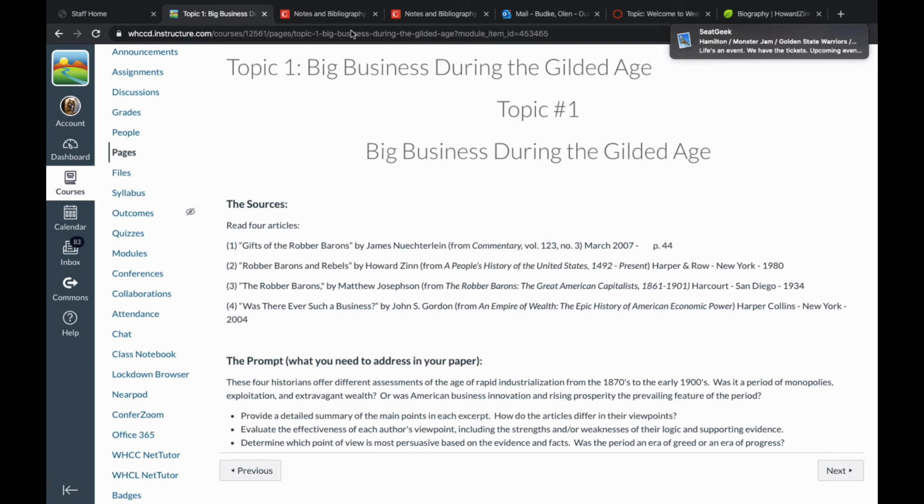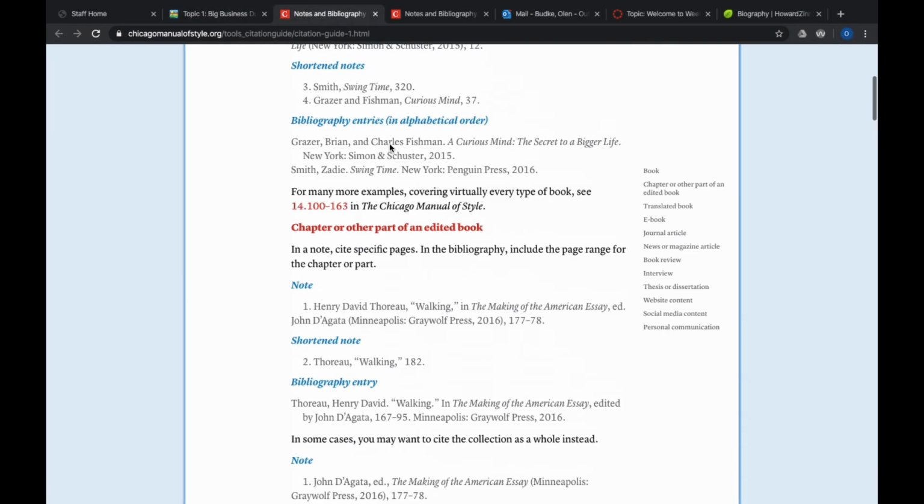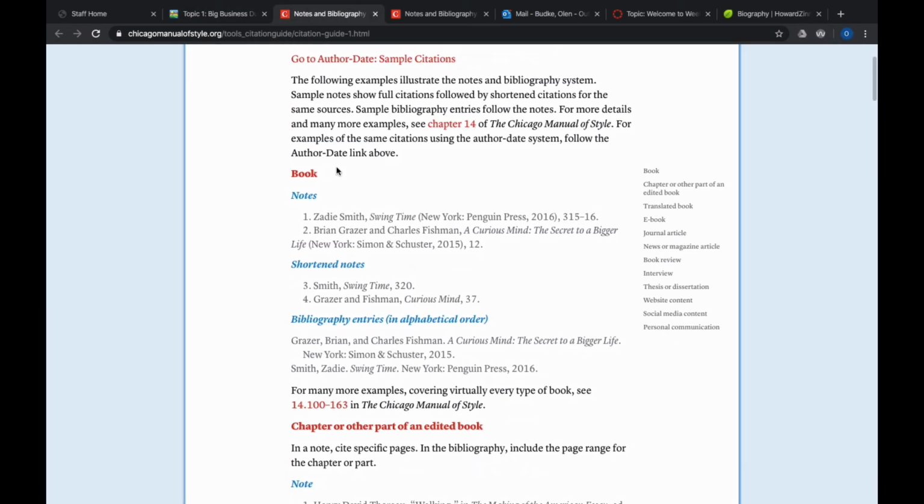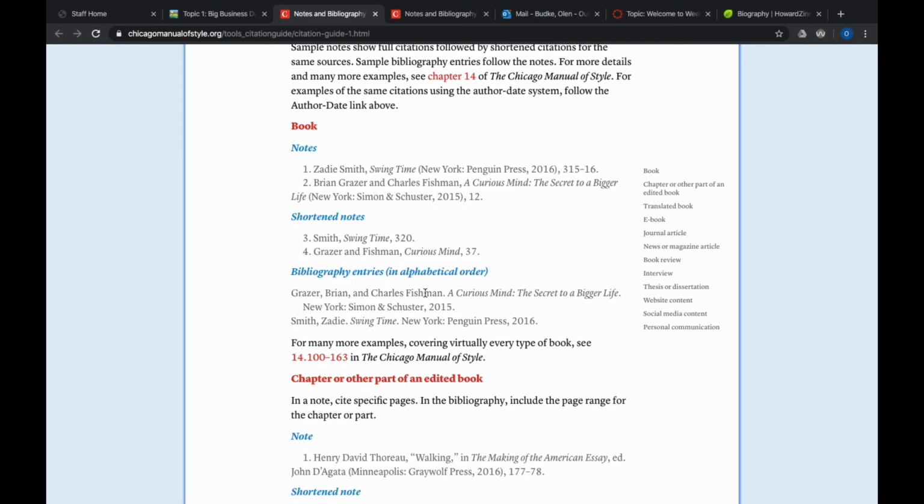So we're going to go back to the book option and we're going to plug in that information where this is. So instead of these authors here, it's going to say Zinn, Howard, period. A People's History of the United States, 1492 to Present, in italics, period. New York, colon, the publisher, which was Harper and Row, comma, and the year, which was 1980.